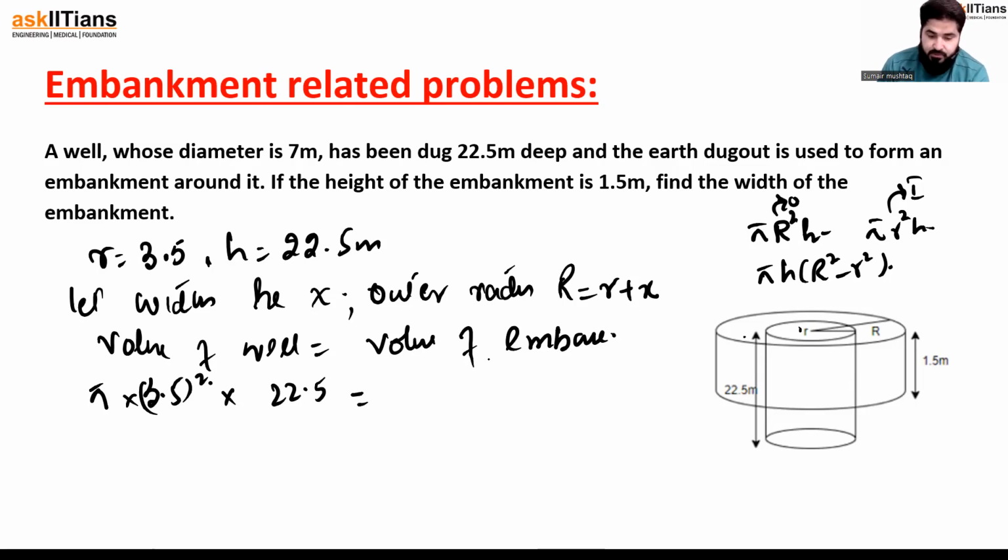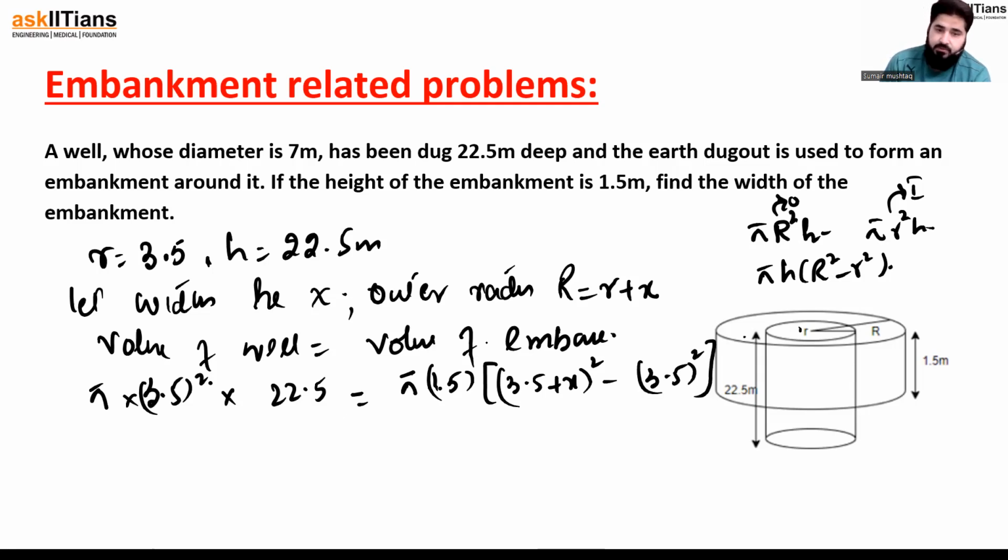Now this thing is equal to the volume of the embankment. What is the volume of an embankment? I told you right now, that is pi R square into h. What is h? Height of the embankment, that is 1.5. And inside you have R, the outer radius. R square is (3.5 plus x) whole square minus 3.5 whole square.